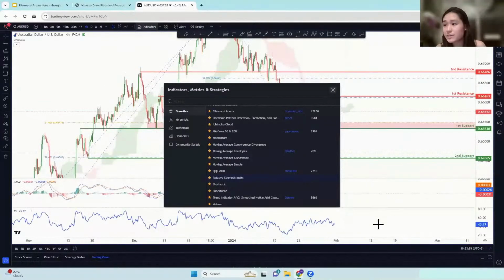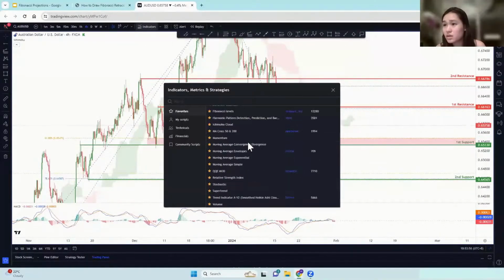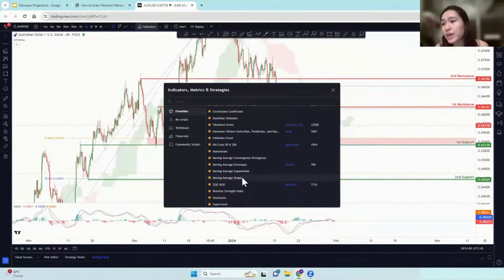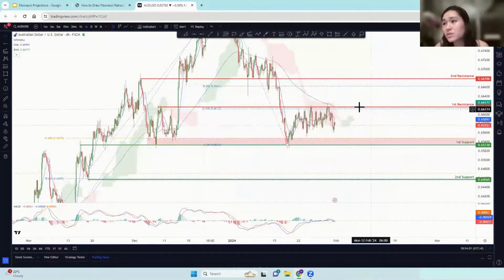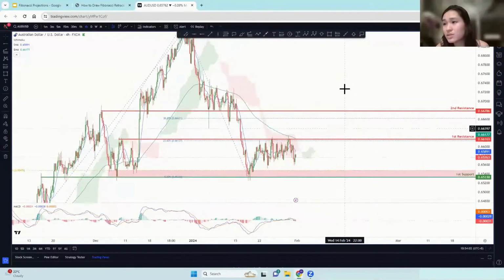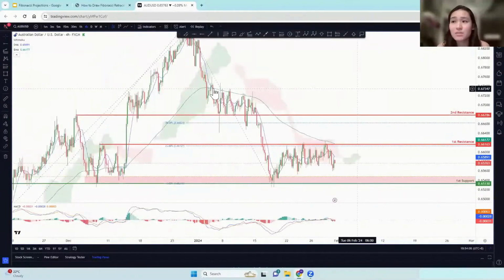Let's look at RSI. Not much. Let's look at moving average as well. What I like to look for when using moving averages is any of these crossovers. A crossover basically means that there is a change in trend.